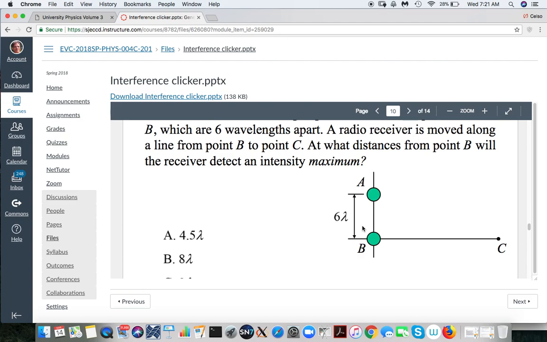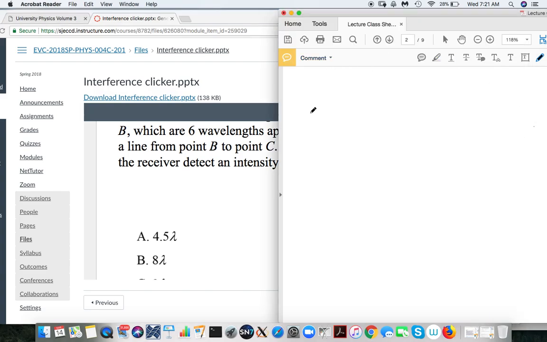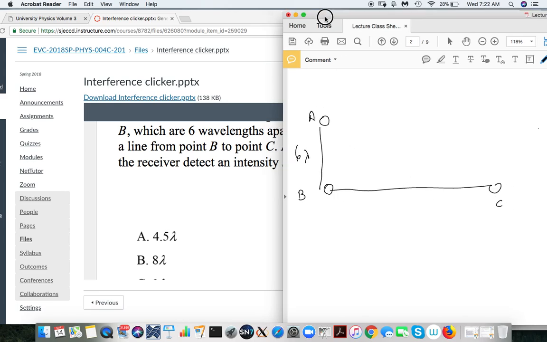So how do we figure that? We have these two radio sources, separated by 6 wavelengths. Point A, point B, point C, right?